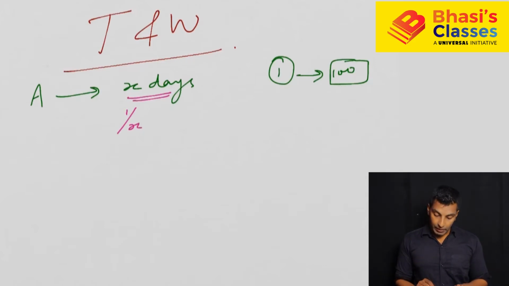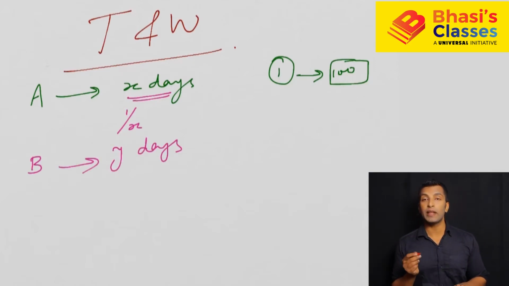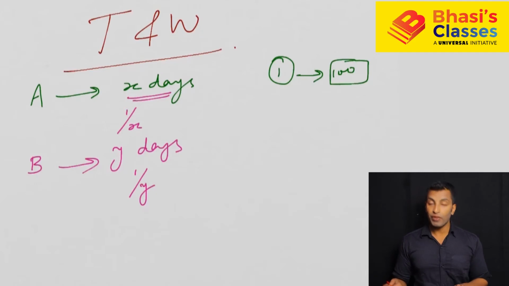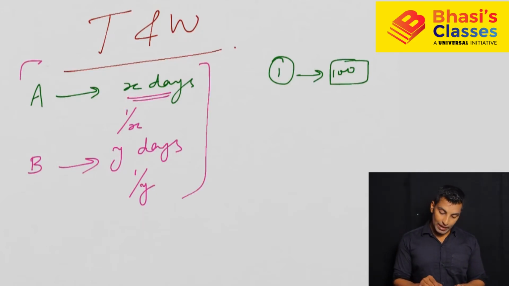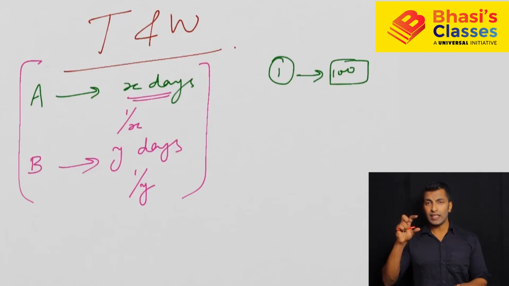Similarly, another person B can complete the work in Y days. In one day he can complete 1 by Y of the work. This is the basic concept. Now C can complete the work in Z days, meaning C can complete 1 by Z of the work in one day.